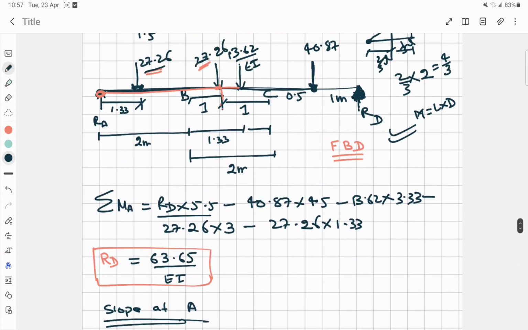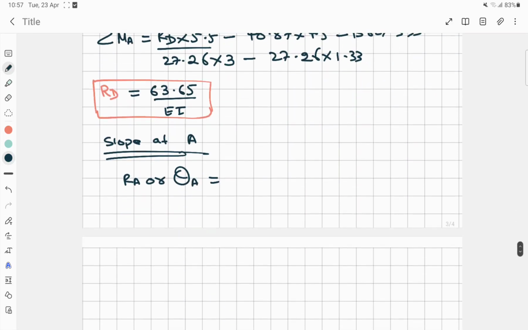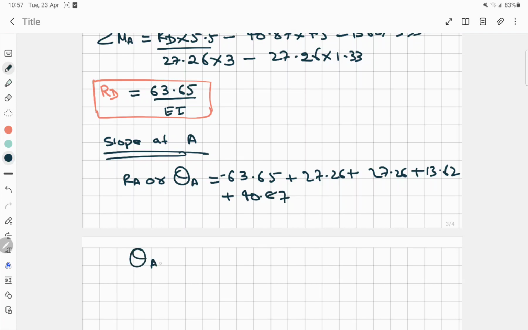These are the values for the areas, so we have to write them all: 63.65 minus 27.26 plus 27.26 plus 13.62 plus 40.87. So we'll get the slope value as 45.86 divided by EI. Okay, so this is the slope at A.